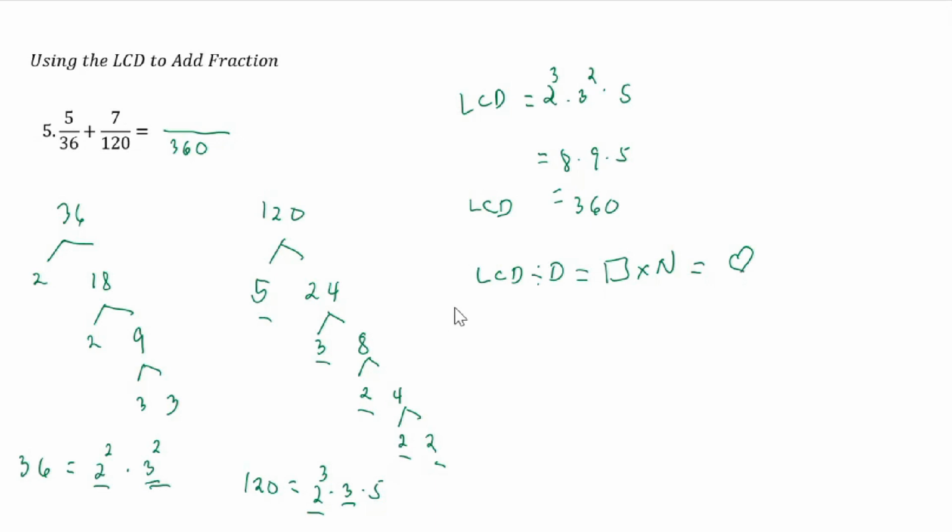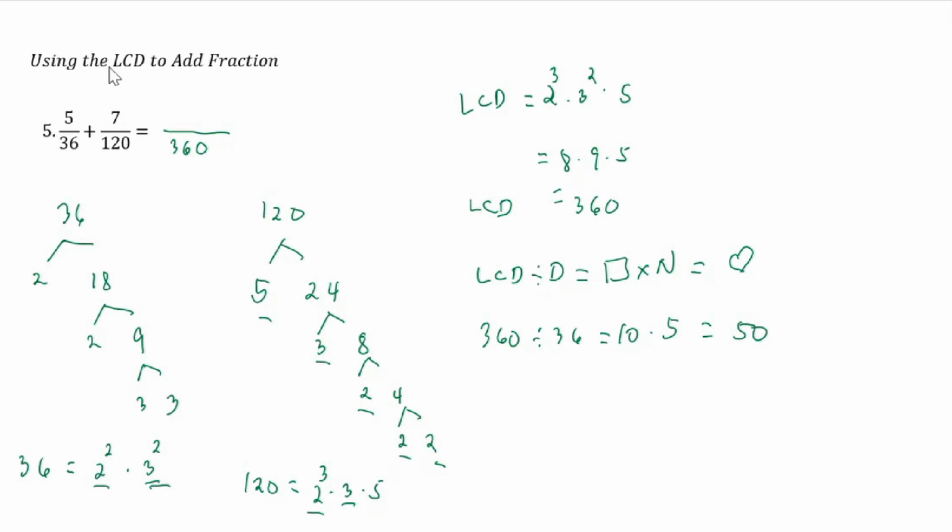So 360 divided by 36 equals 10. The quotient is 10, times the numerator 5. So the product is 50.